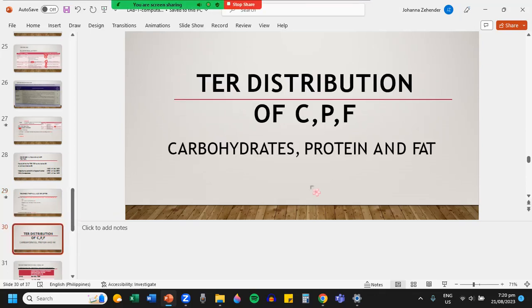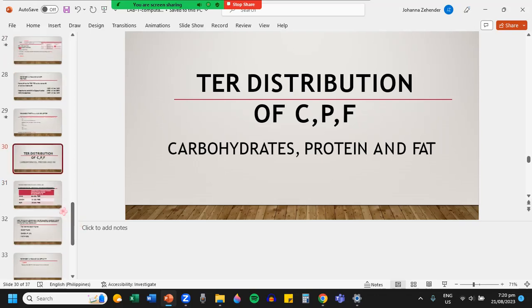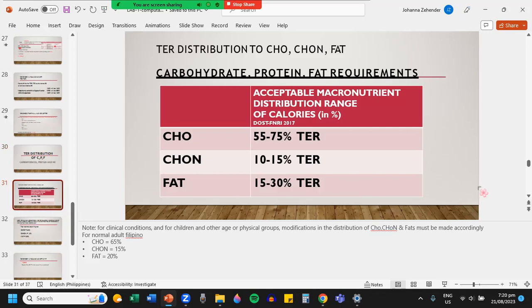Okay. Next, we proceed to the TER distribution of carbohydrates, proteins, and fats. I just want you guys to be familiarized with the percentage values of each of the macronutrients. For carbohydrates, the acceptable macronutrient distribution range is 55 to 75% of the TER.